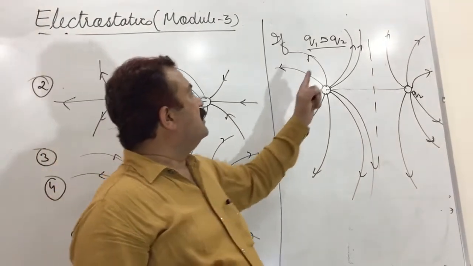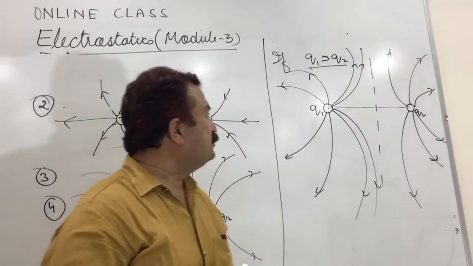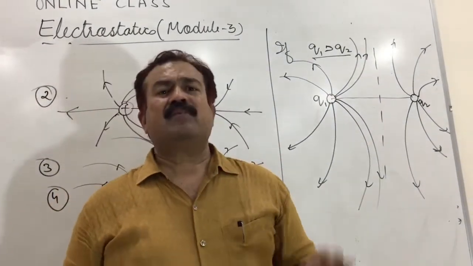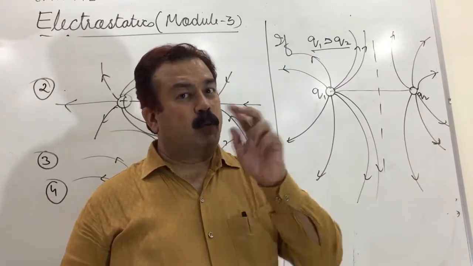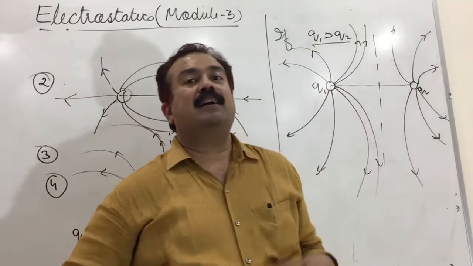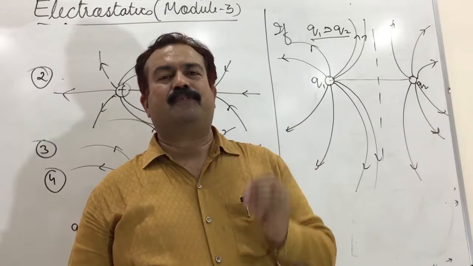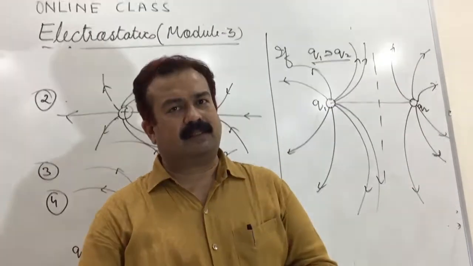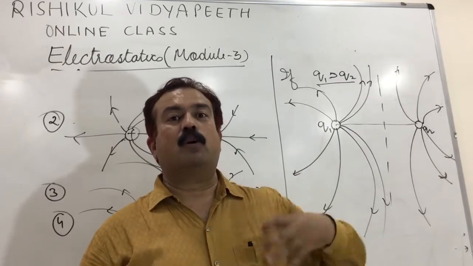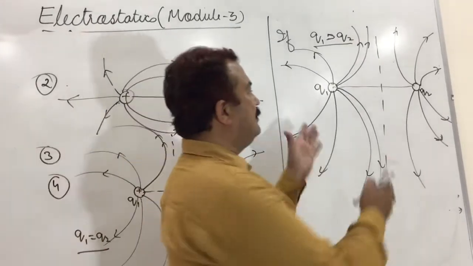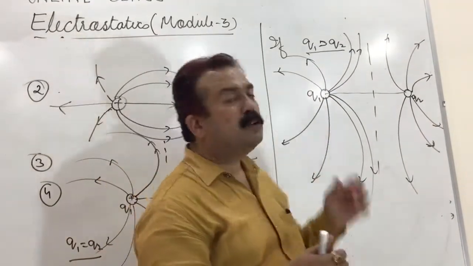In this case, we can explain that electric lines of force exert lateral pressure on each other when both the charges are like, which is responsible for the repulsive force between the two like charges. And if the magnitude of one charge is more, then it will show more effect, so to show more effect, its lines should be more. This is the explanation of this property.